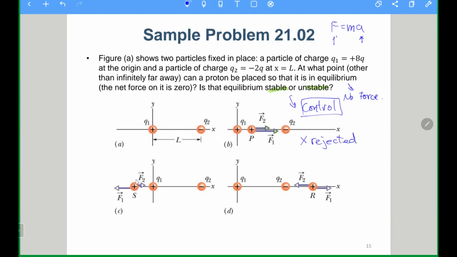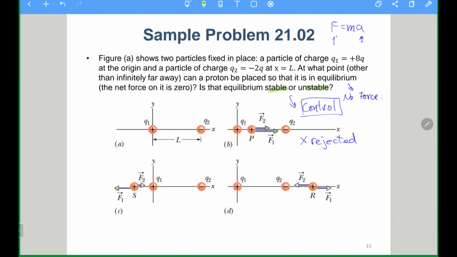Okay, the second case is if we put the proton on the left side. So this is the proton, and Q1 and the proton are both positive, so they repel each other.